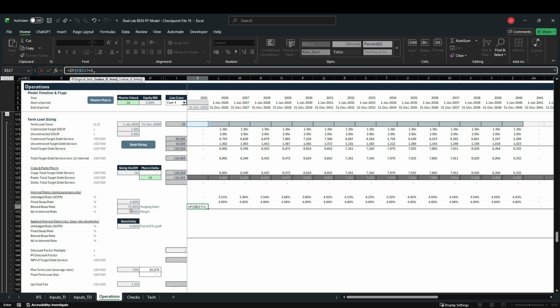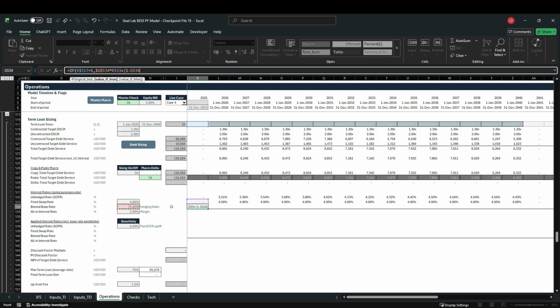So first we pick up our hedging ratio of 75%, hit F4 once, and the 75% we'll multiply with our swap rate, which is the hedged rate, so row 533. Plus, that gives us 75%, and then open parentheses, 1 minus our hedging ratio.